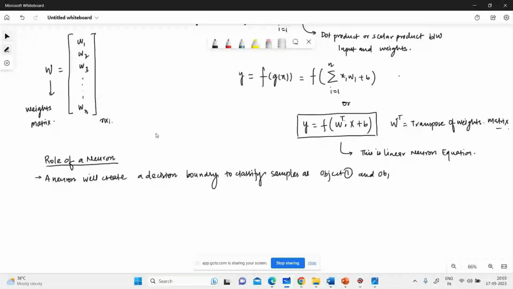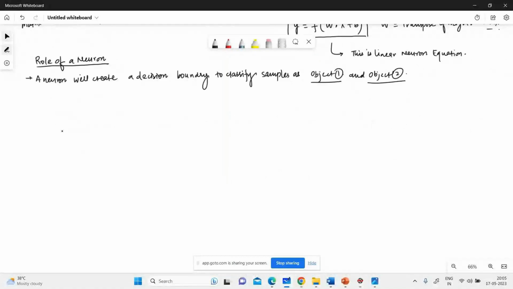Remember that every object detection or face detection, or anything you do, will be done by your features, and there will be multiple features in it.